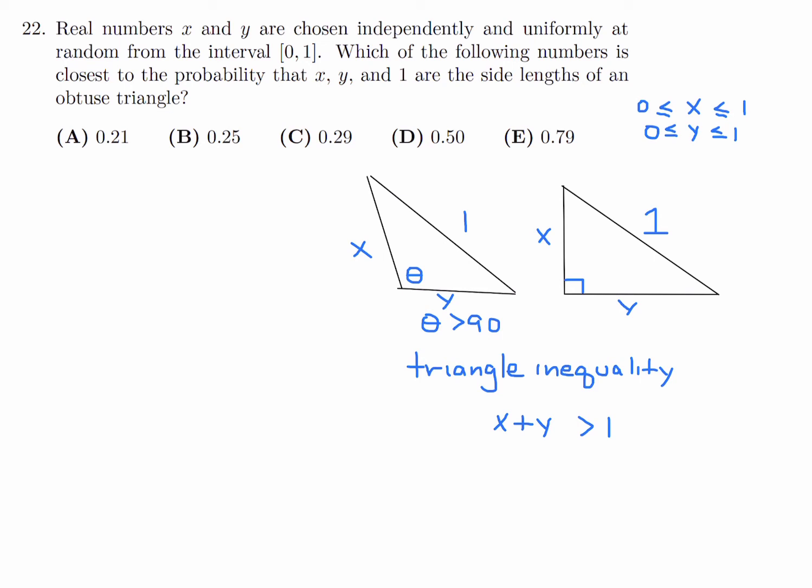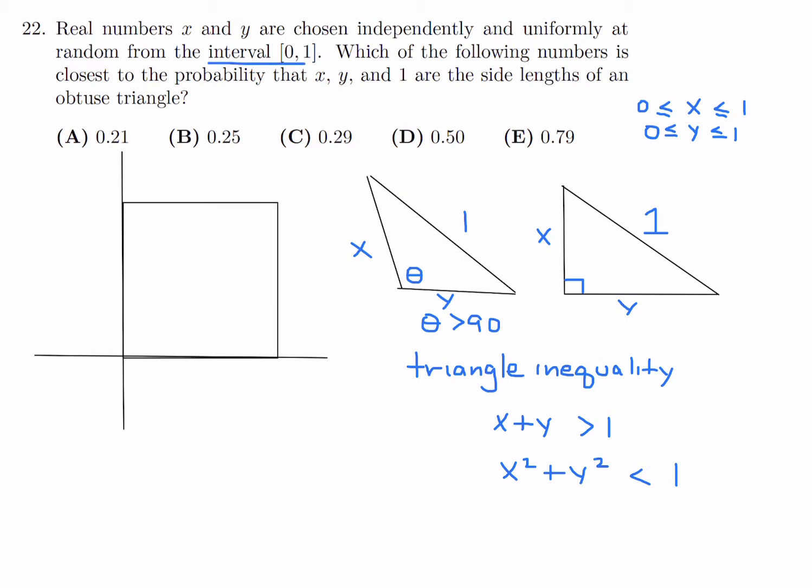And then from Pythagoras, x squared plus y squared is equal to 1 if it's right. But if it's an obtuse triangle, then x squared plus y squared has to be less than the hypotenuse, which in this case is 1. So we now have to essentially plot this, and our interval. So let's do that.